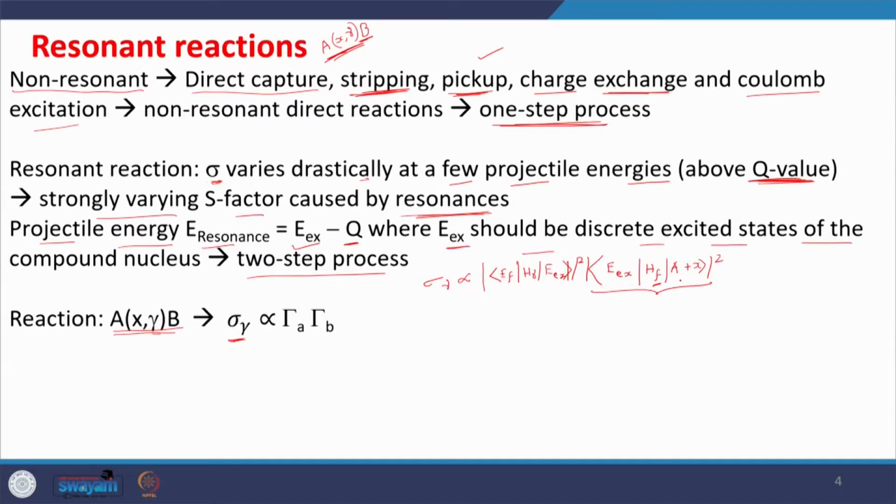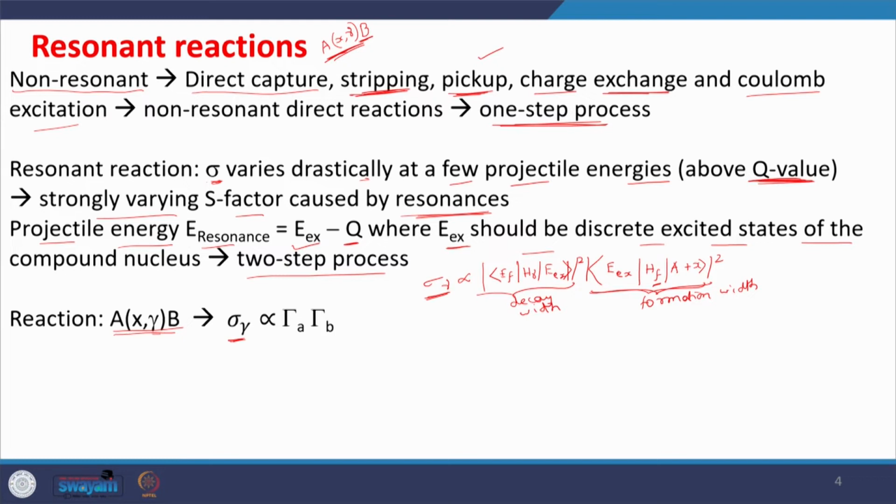So, this is the formation width, that is, the partial width, the probability for this formation to happen, and then this is the decay width. The cross section of the total reaction depends on the cross sections of two individual processes.